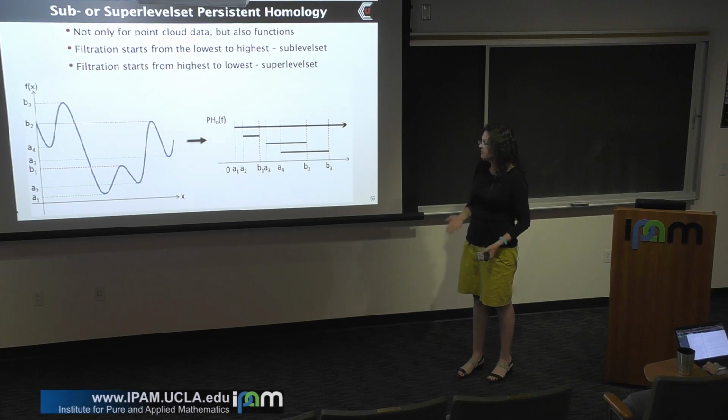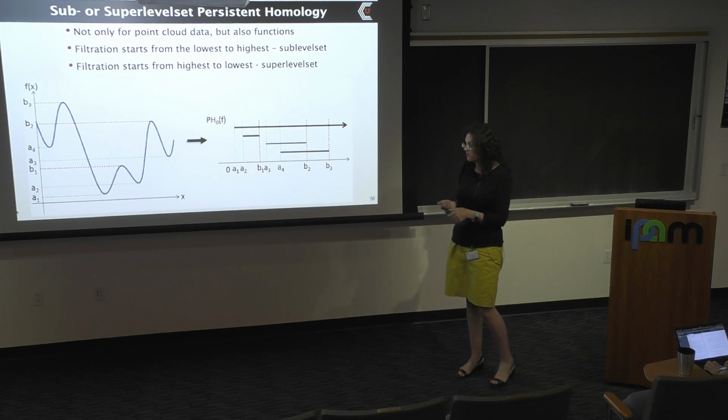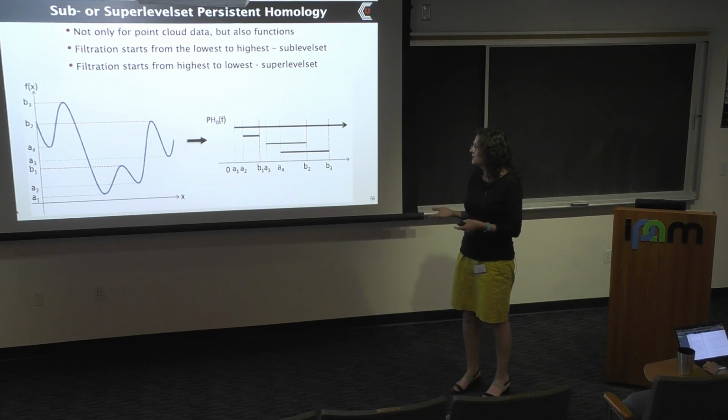As I filter up in whatever this variable is, I'll find another component. And then as I filter up, eventually these components merge because I overcome a barrier. So in the filtration, in whatever this variable is on my vertical axis, I can keep track of the minima and maxima. Maxima are where those components then merge as I scan upwards.